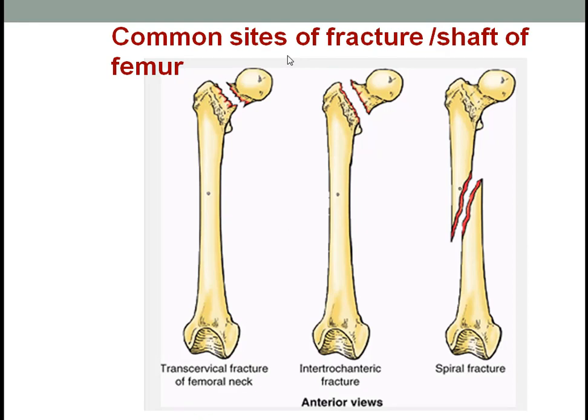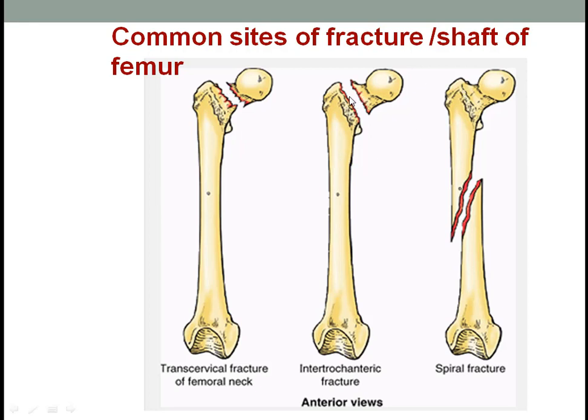A common fracture of the femur is fracture of the neck of femur, as we see in this slide. Here the neck of femur has been fractured, which is very common in elderly persons.